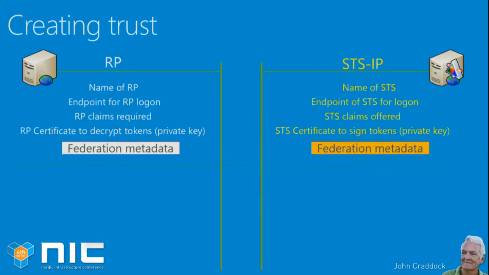In terms of creating trust, we have a bunch of details about the security token service and the relying party, or the application. The relying party needs to know about the security token service, and the security token service needs to know about the relying party. We need to exchange that information, and it is exchanged when we establish the trust.